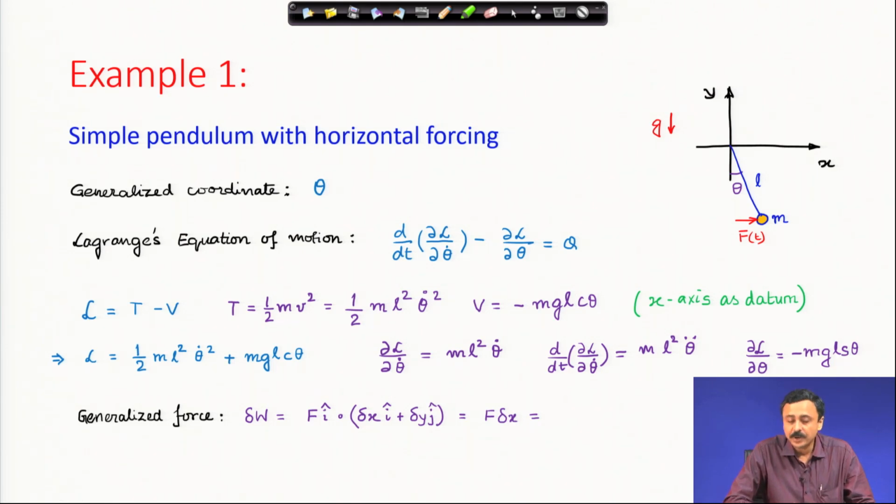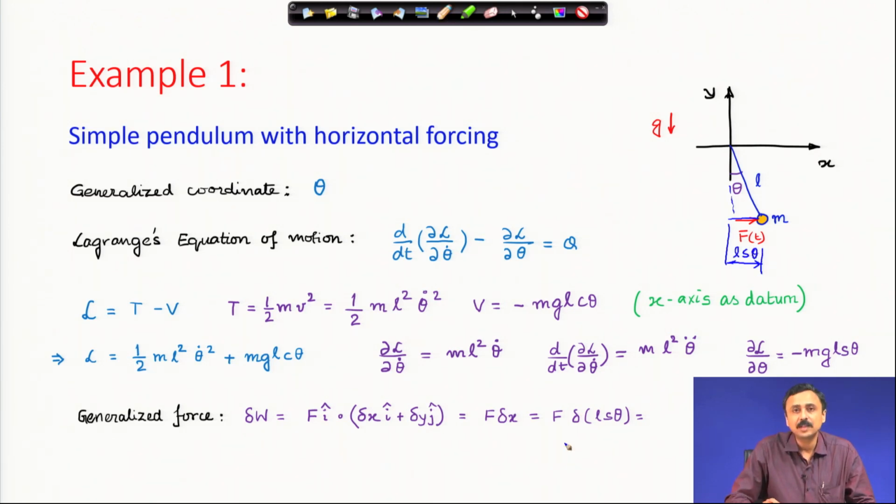Now, can I express this x in terms of theta? I can express x as a function of theta. Then let us do that. x is nothing but L sin theta. As you can see, this is the x, this is L sin theta.